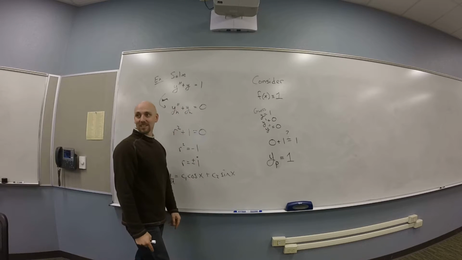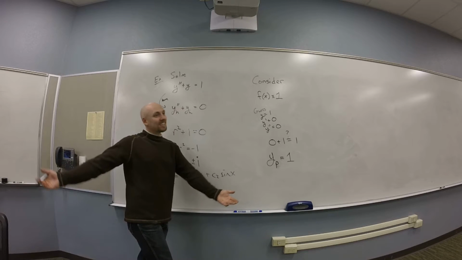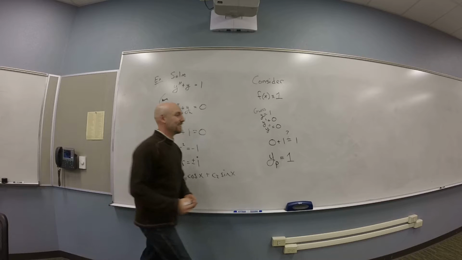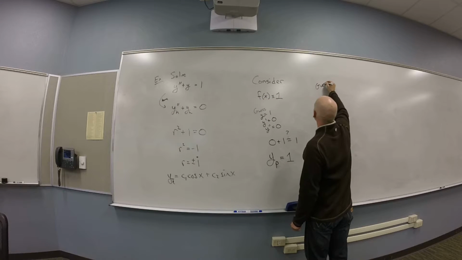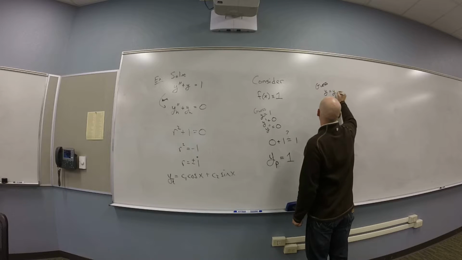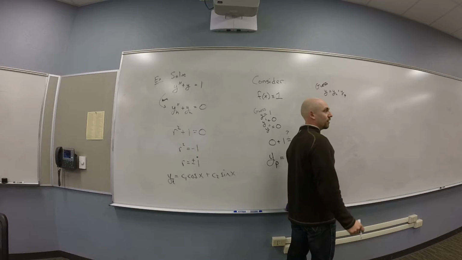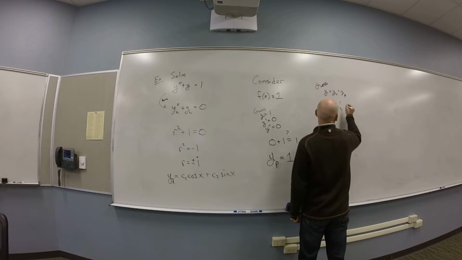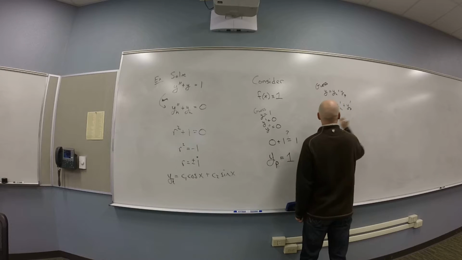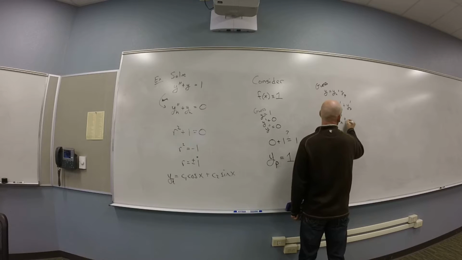So you try something else, like adding, because you tried the other one. So now we'll guess y is y_h plus y_p. And then if we shove this in, y prime is y_h prime plus y_p prime. y double prime is y_h double prime plus y_p double prime.